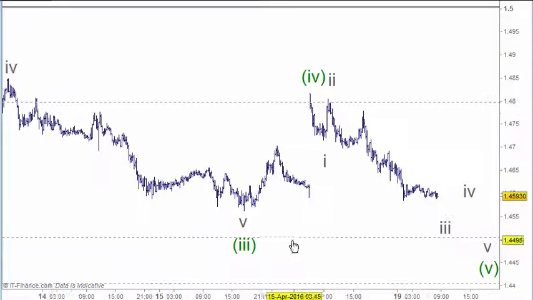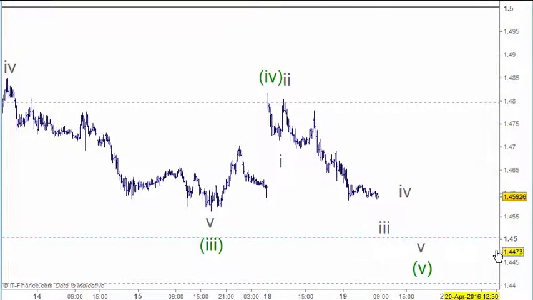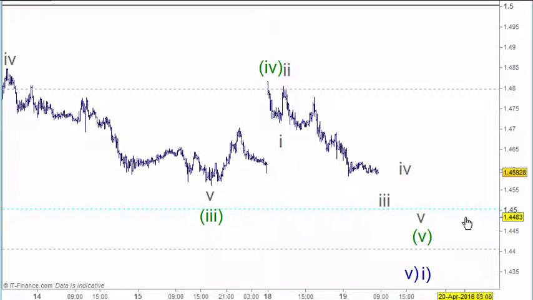So yeah, 5 waves down, wave 3, wave 4, and then 1 and 2. This is just not completed here just yet. So it will probably move down below the 145 sort of area here, but not too far below it. But yeah, these two are the important numbers here.